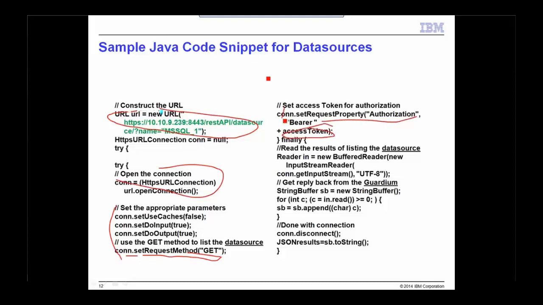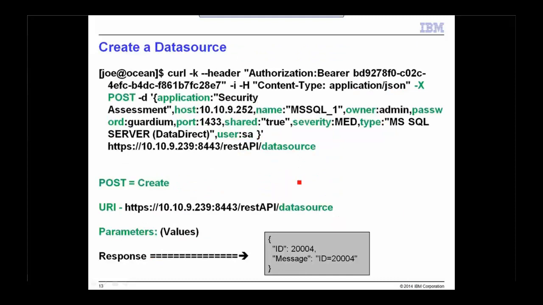I have my token in a variable, so I add that onto the string, and then I open my buffer reader to the Guardium appliance because I sent the request. Now over here I'm going to get the reply. I put the reply in a string buffer. I disconnect when my connection is done, and then you can have your JSON results and parse it or show it, do whatever you like there. So this is a little code snippet of my particular application.